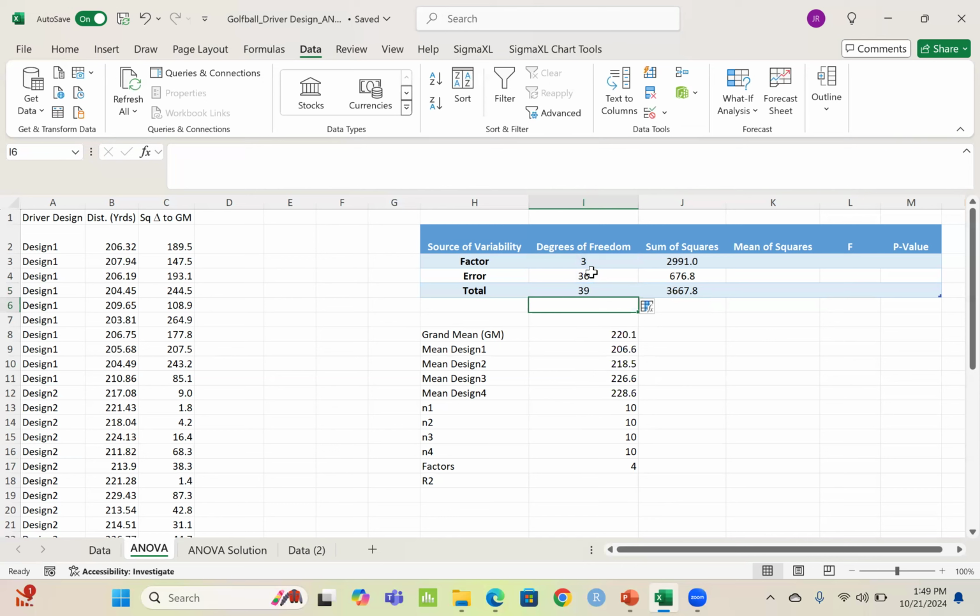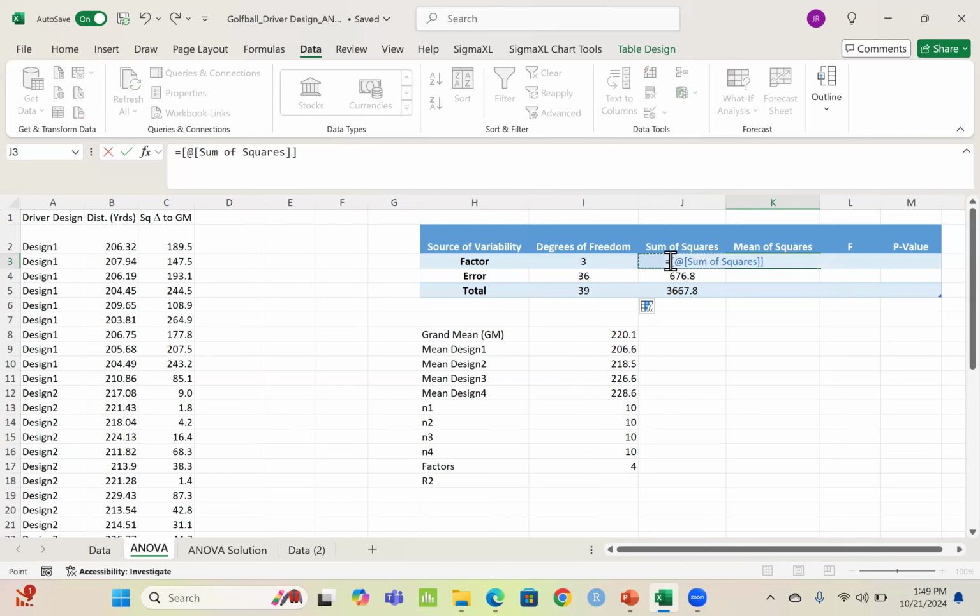39. Now, my mean square is going to be represented by this number divided by 3.